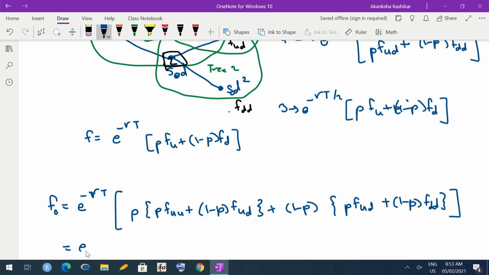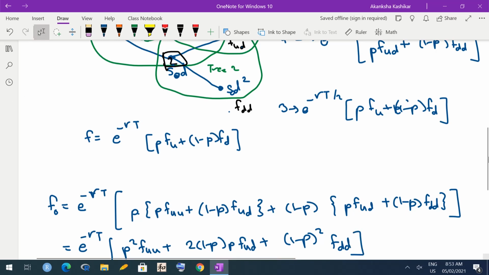Okay, so this becomes e raised to minus RT times P square FUU plus 2 times 1 minus P into P, because P into 1 minus P from here and P into 1 minus P from here, FUD plus 1 minus P whole square times FDD.